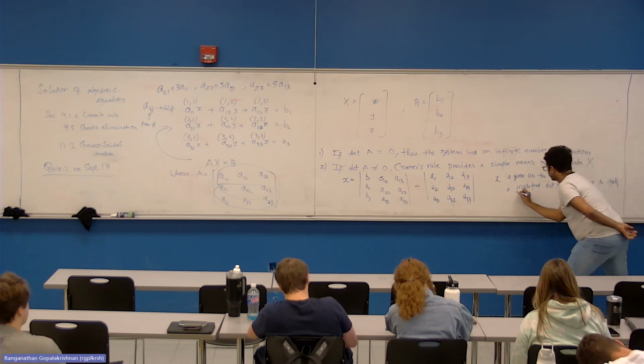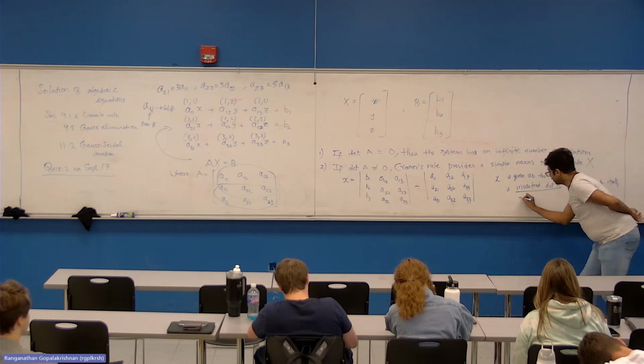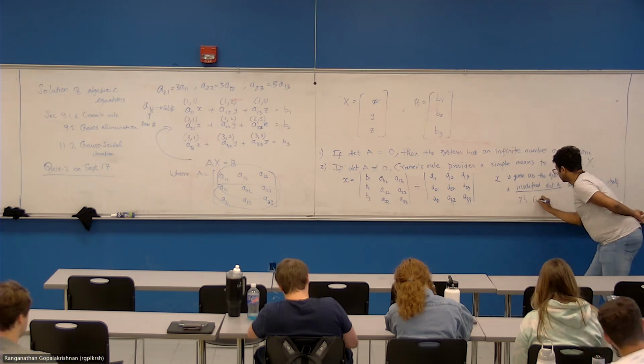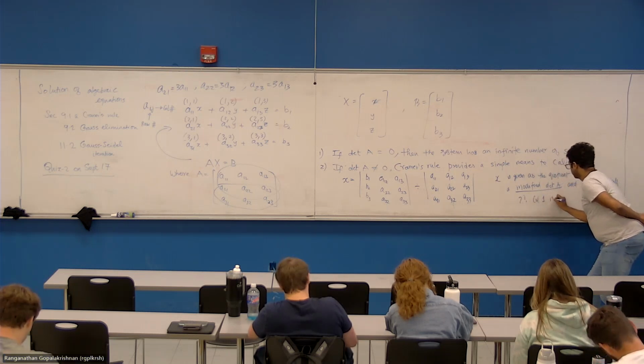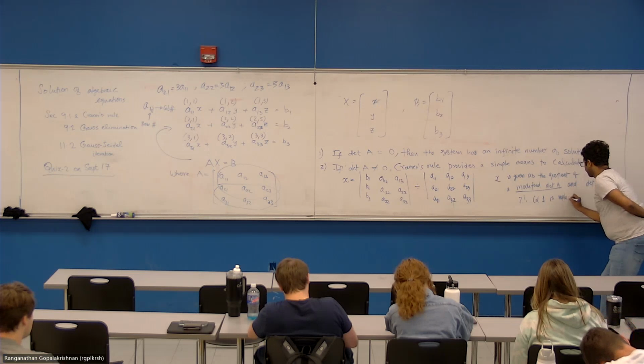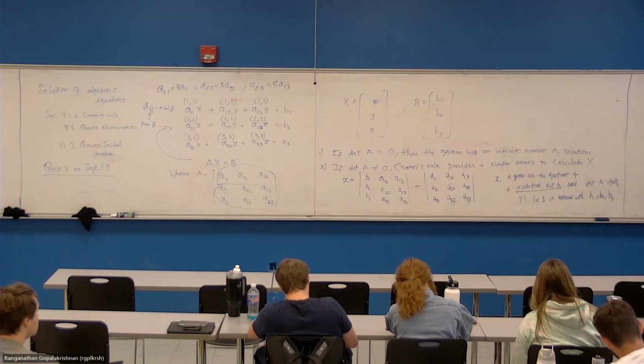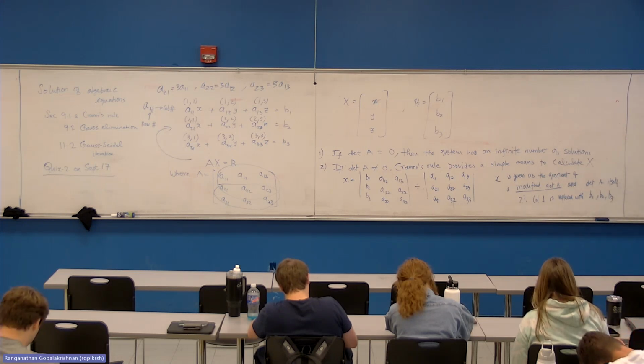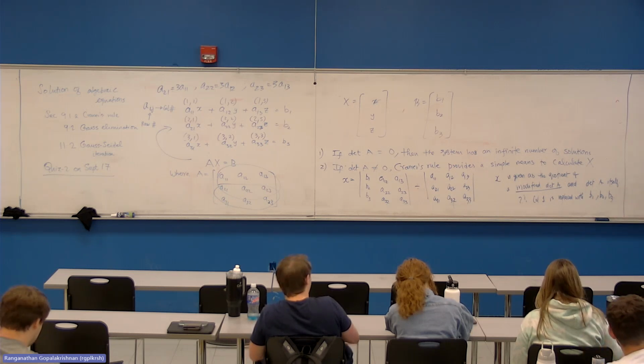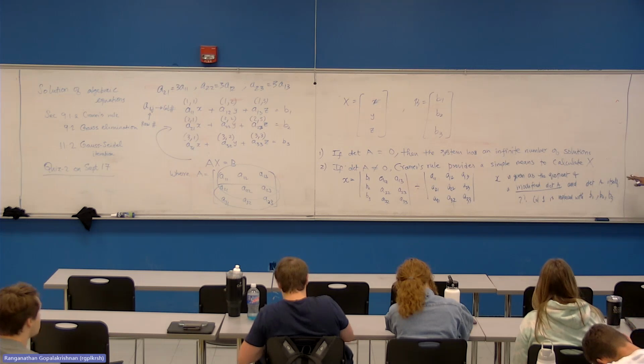When we say modified determinant A, what does that mean? It means column 1 is replaced with B1, B2, B3. If I were you sitting down and taking notes and learning this for the first time, this is exactly what I wish I knew, so that you can read this and calculate x.